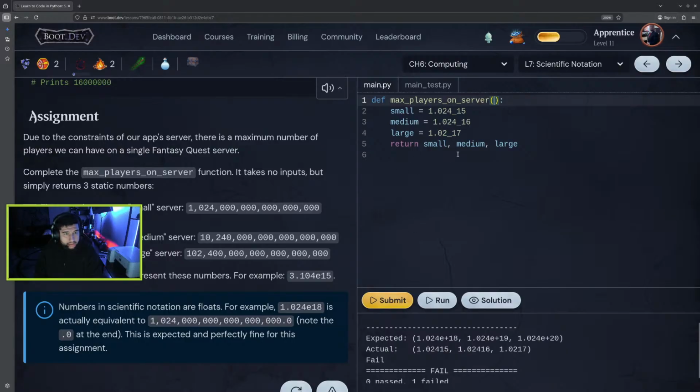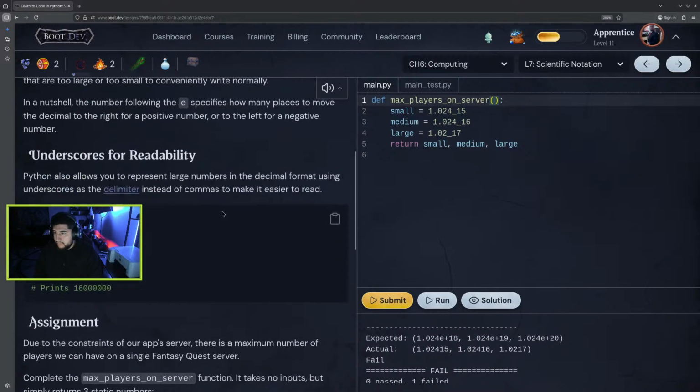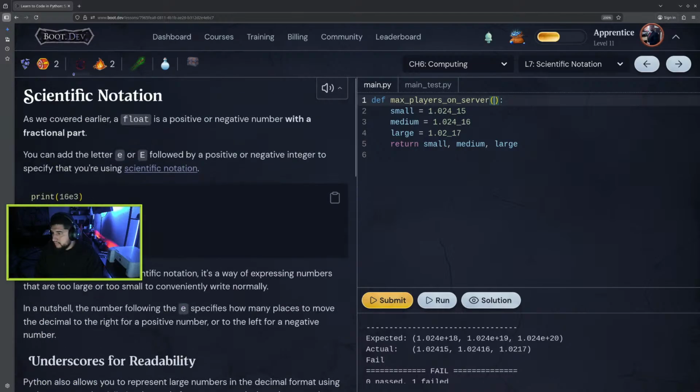Why is that not working? The underslash. Alright. So let's just put E, E, and E, and then run it.